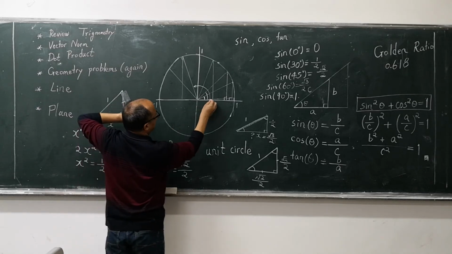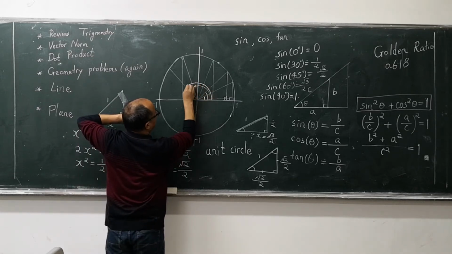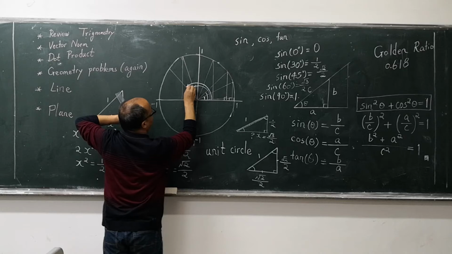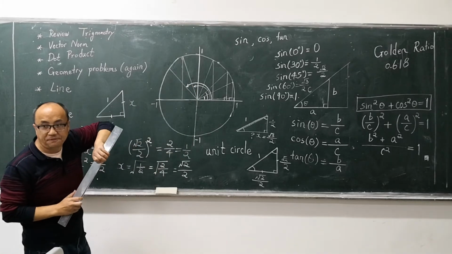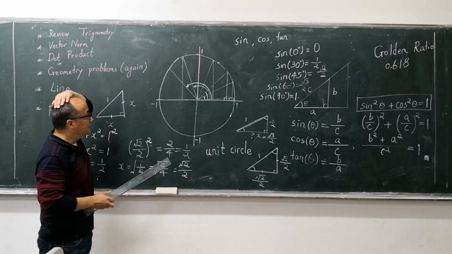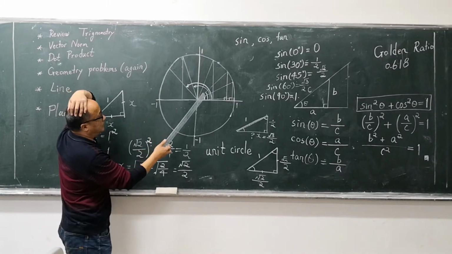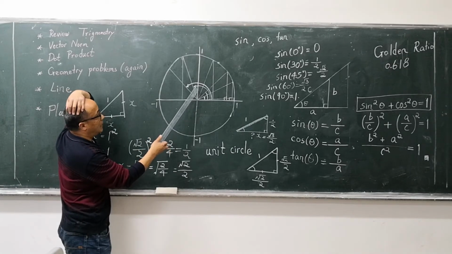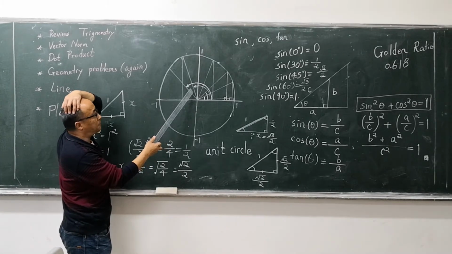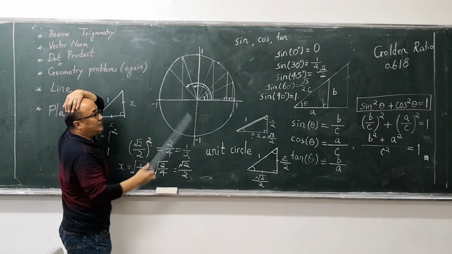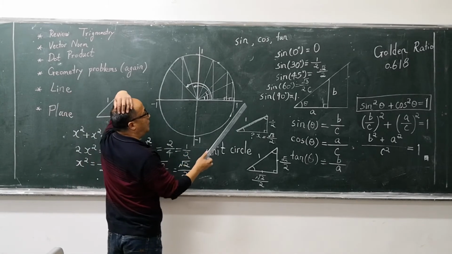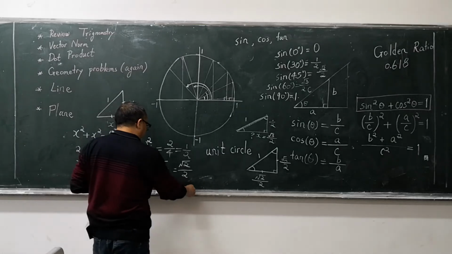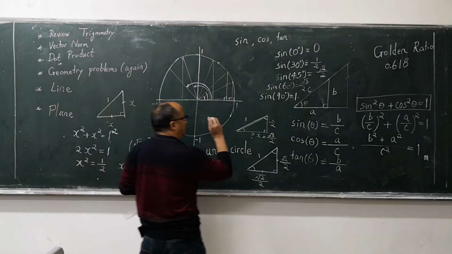So this is a 135 degree, okay? Means 90 degree here and turning another extra 45 degree. So for the sine 120, I should write it down and you need to write it down too.